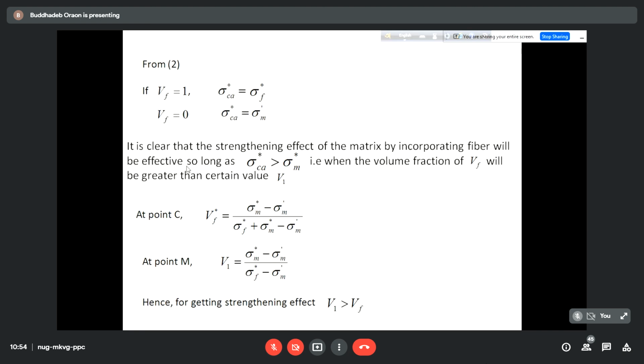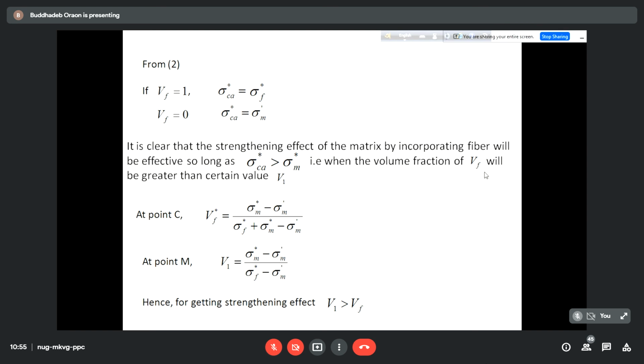Now it is clear that the strengthening effect of the matrix by incorporating fiber will be effective so long as sigma Ca, the actual composite strength, is greater than sigma m star. So this is the condition. If it is not fulfilled, then no point in mixing the fiber.